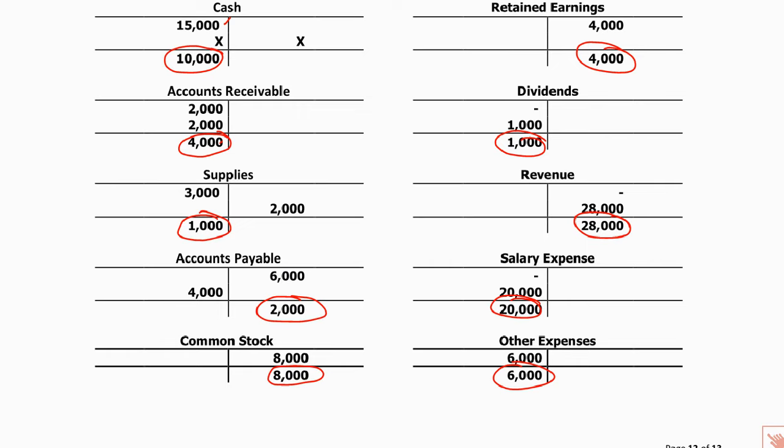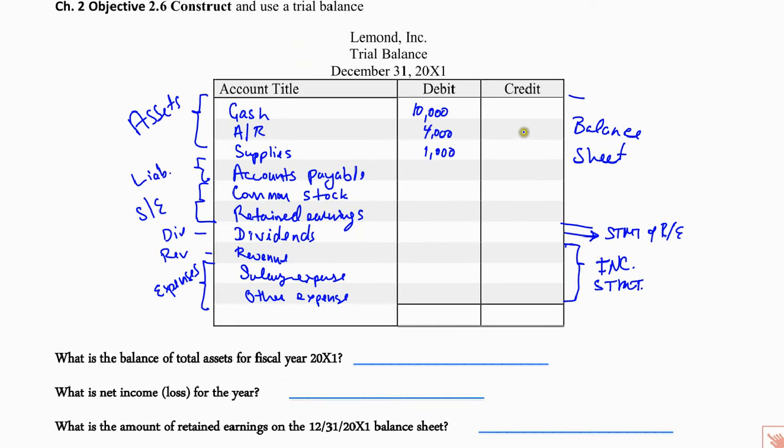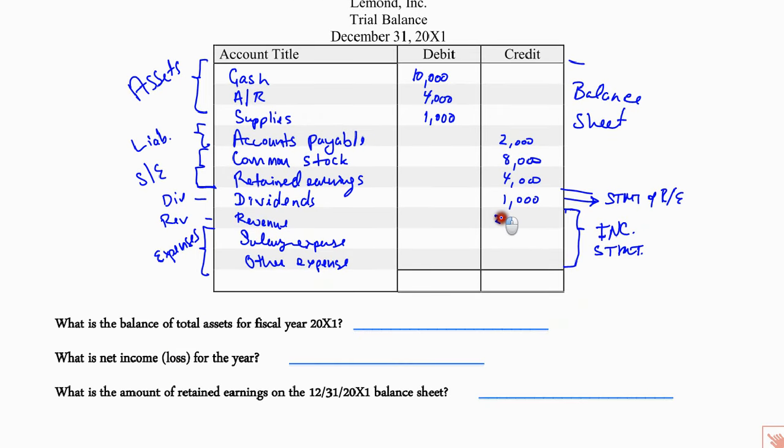Accounts payable 2,000, common stock 8,000, retained earnings 4,000, dividends 1,000. I think revenue was 28,000. Salary expense was 20,000 and other expense was 6,000.